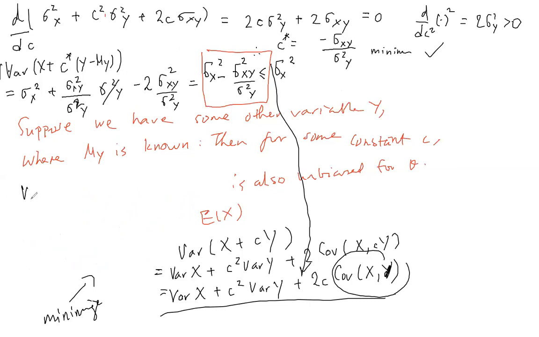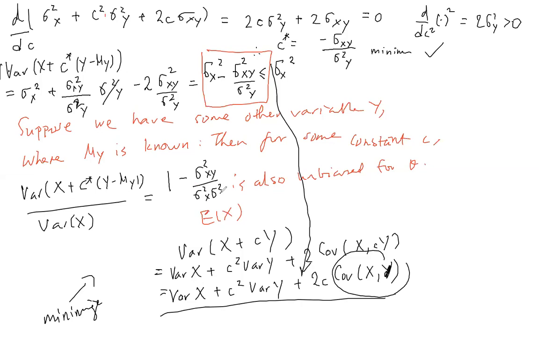We compare the variance of this thing against the variance of x, if you had used just the usual Monte Carlo estimator. So you divide this, and you basically get 1 minus this one. And this thing here is very interesting. Basically, this is just 1 minus the correlation of xy squared.